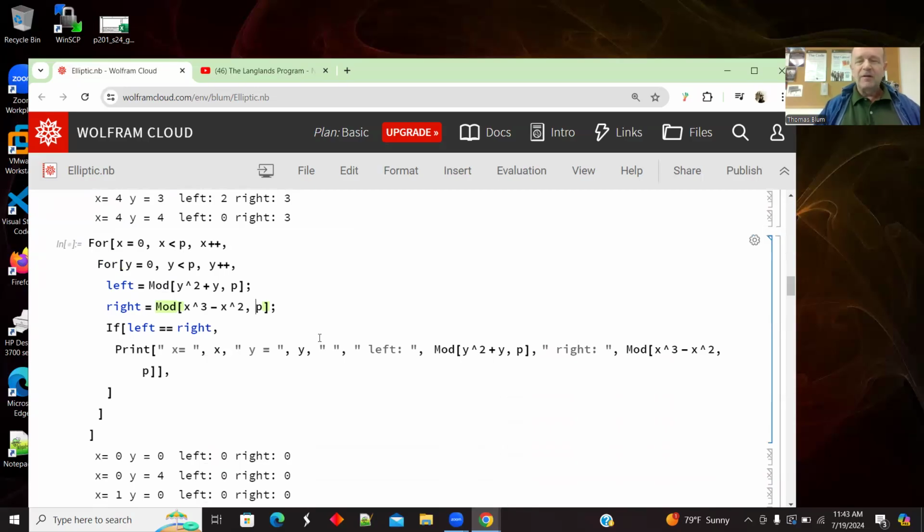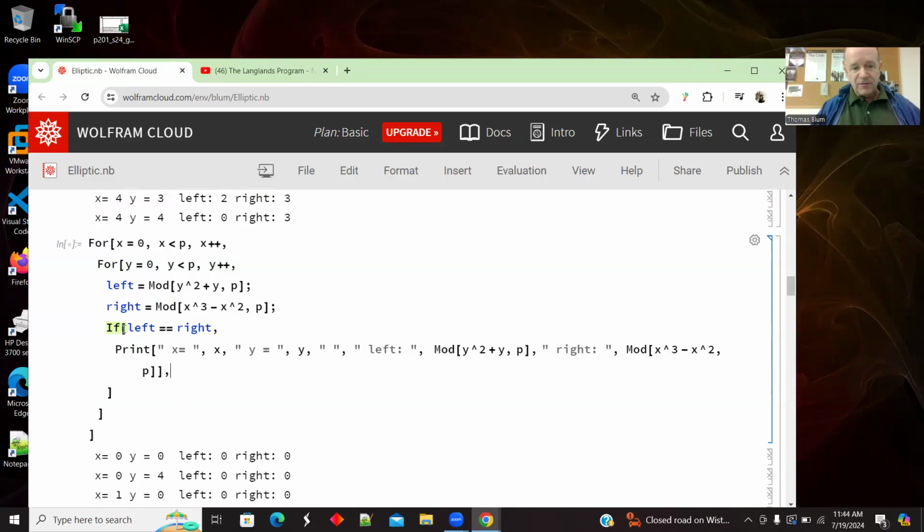An If is, again, a method in Mathematica, and there are three parts: the condition, the true-false question, what you want to do if it's true, and what you want to do if it's false. Now, here is the beginning and the end of the print.